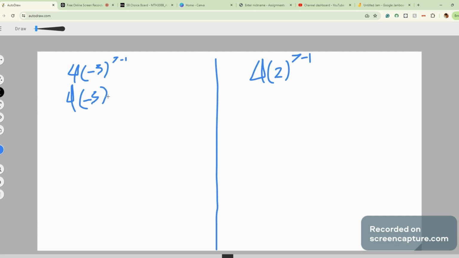This does not change, fortunately for us, but it is going to be raised to the 6th power, and the same goes for this one. So this one is going to be to our 6th power, and then from there you work on the actual problem. So that is going to give us 729. -3 to the 6th power is going to give us 729, and then 4, and then 2 to the 6th power is supposed to give us 64.